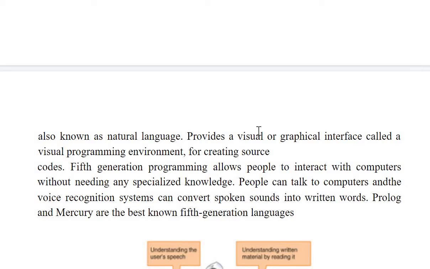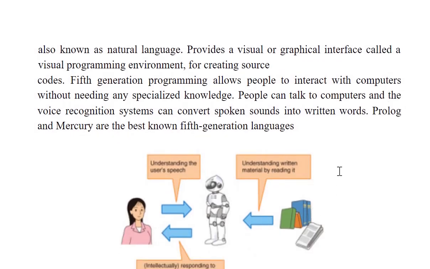It provides a visual or graphical interface, called a visual programming environment, for creating source code. Fifth generation languages allow people to interact with the computer. Siri is the best example because we can directly talk to the computer, and the voice recognition system can convert the spoken sound into written words. This comes under natural language processing.